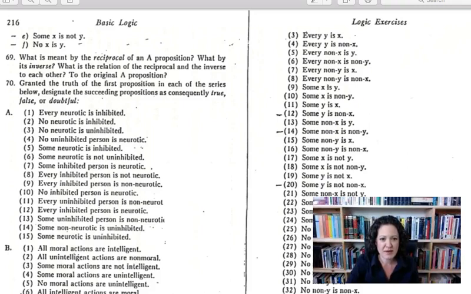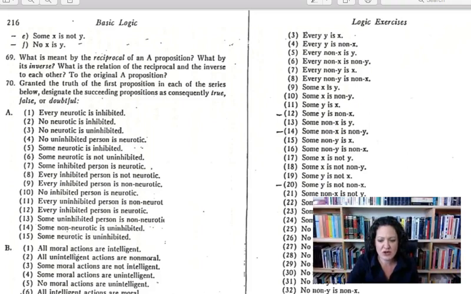So I'm going to go to my iPad where I have put this statement on the square of opposition, and I'm going to teach you how to fit these statements that are kind of messy, like no neurotic is uninhibited. That's a messy statement. Or no uninhibited person is neurotic. How do we get those on the square when we only had those A, E, I, and O statements?